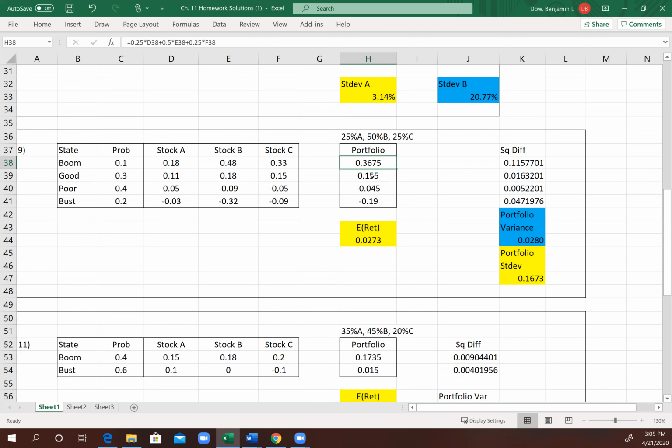Recalculate this for good and poor and busts. And notice we have to calculate the portfolio's return, not the individual stock's return, so that we can calculate the portfolio's standard deviation.